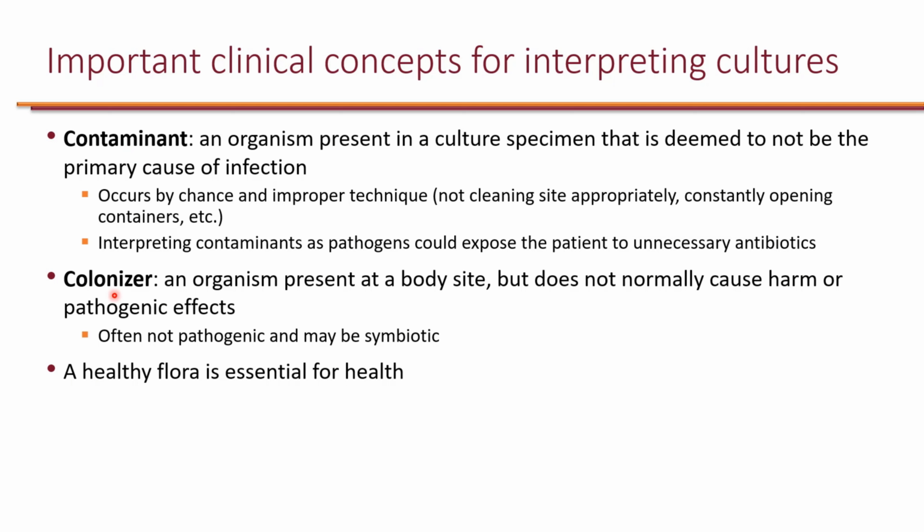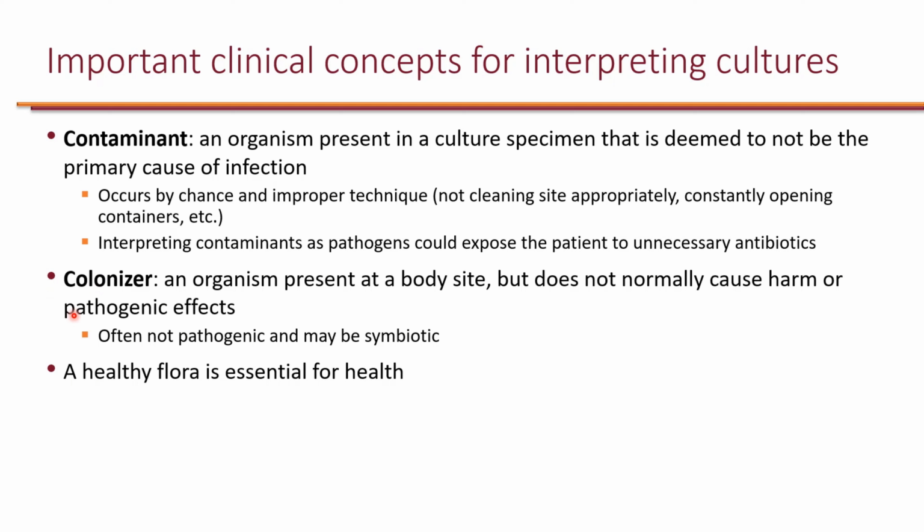And then the colonizer is, if you detect something in your sample and it's not a contaminant, it means it came from the source of the specimen, but perhaps it was not causing an infection. So a colonizer is essentially part of the flora, or if they didn't normally reside in the site as flora, they colonized it and it's not causing any problems.